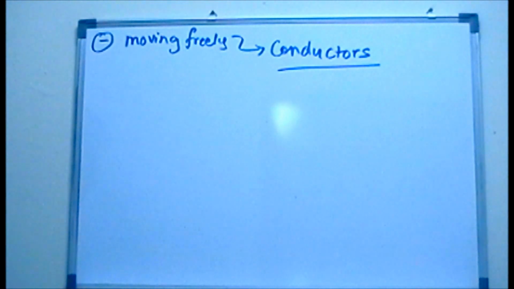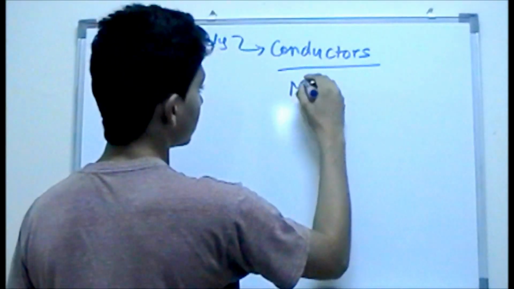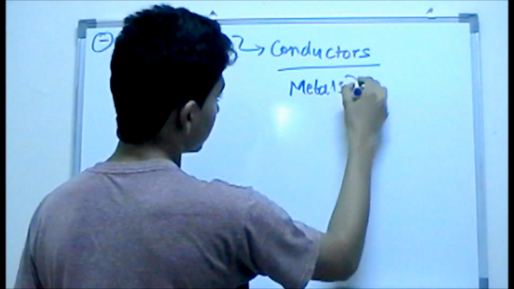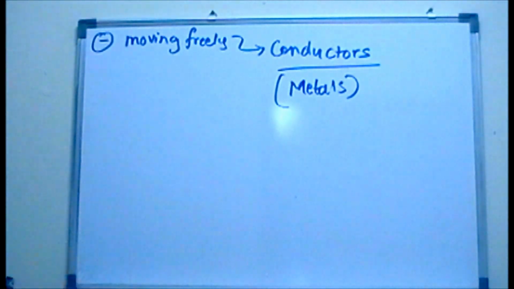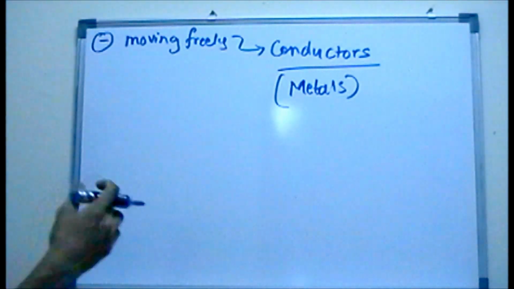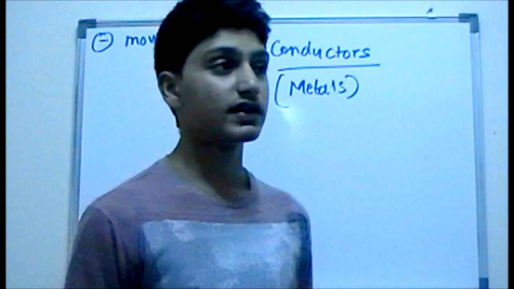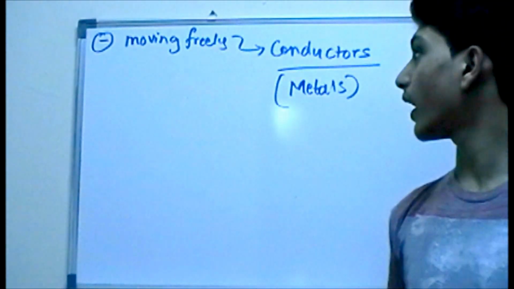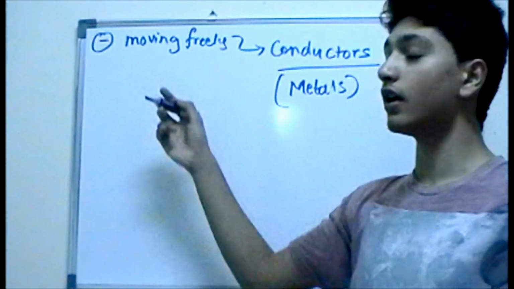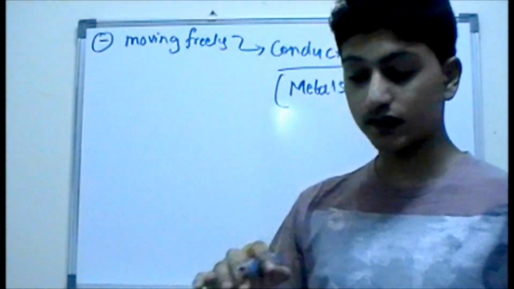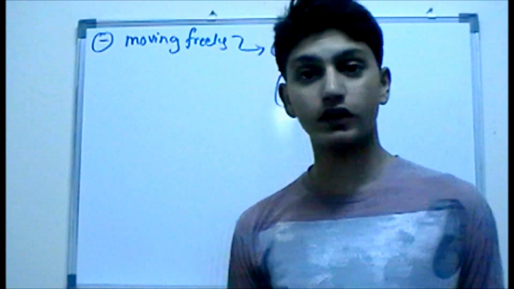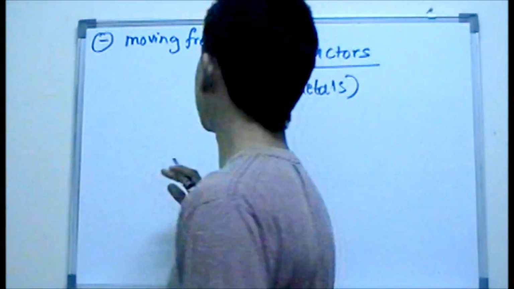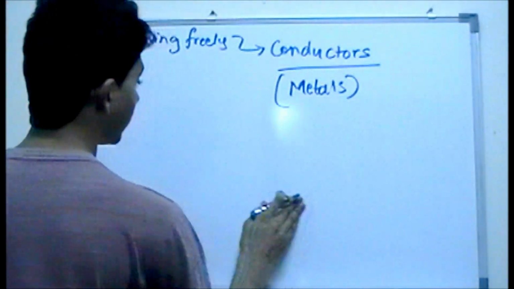Now conductors may be such as metals, for example. So the example for a conductor is basically metal, types of metals. Other substances, such as rubber or plastics, do not let the electrons move freely. It's harder for them to move around in those substances, which are called insulators.